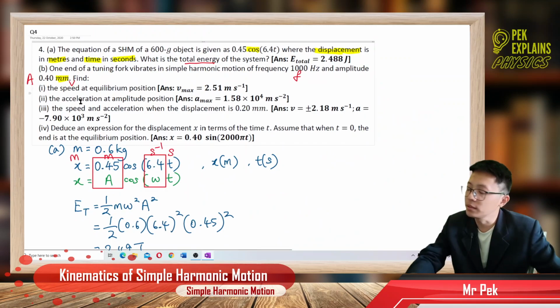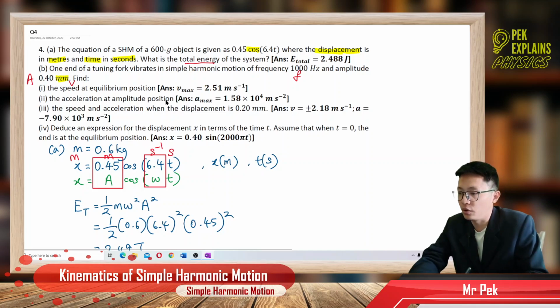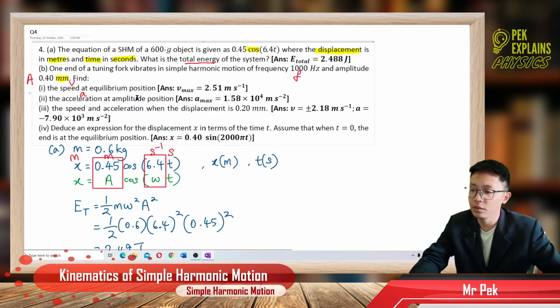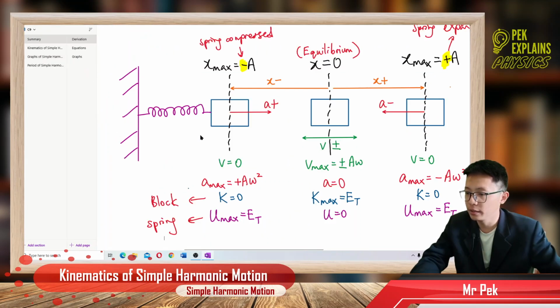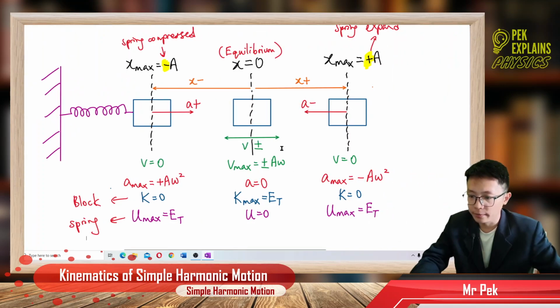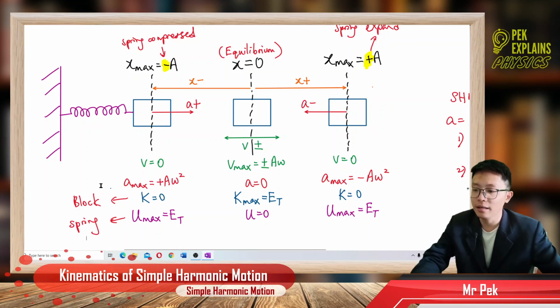What's the acceleration at amplitude position? This question asks for acceleration at the amplitude position. So at the amplitude, what's the acceleration?